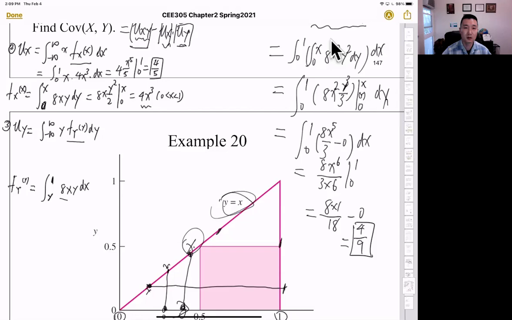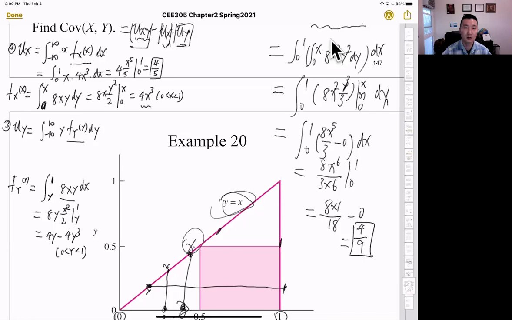Okay, so 8xy is f(x,y), right? 8y times x squared over 2, between y to 1. Right, so that is the marginal function f(y).